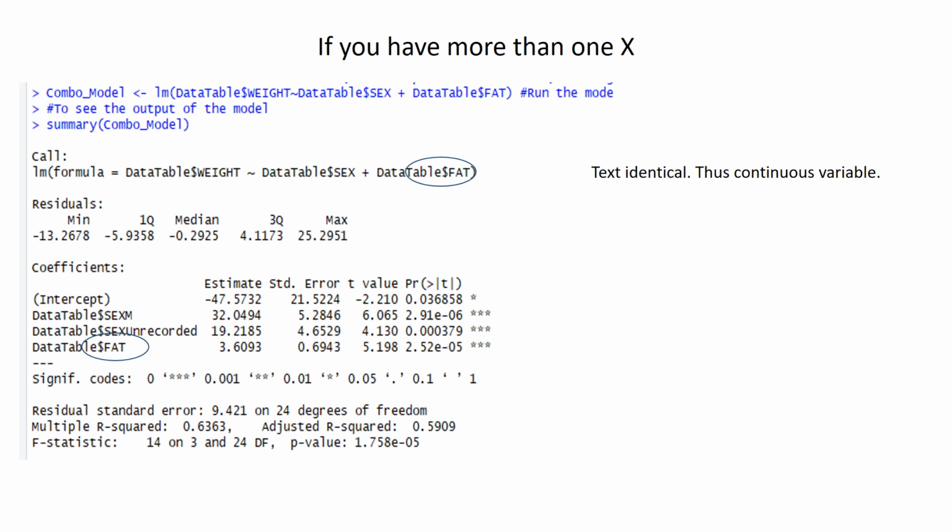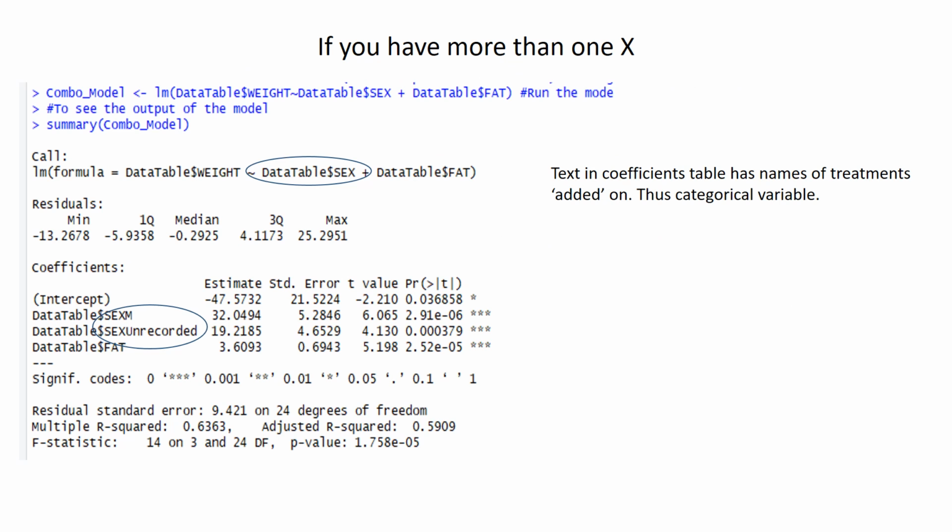Again, very importantly, let's compare what we have at the top here to how it's presented in the table. For fat, the text is identical, and so that indicates to us that R reads fat as a continuous variable, which it should. In contrast, you can see that the way sex is written in the formula looks different to the way it is written in the coefficients table.